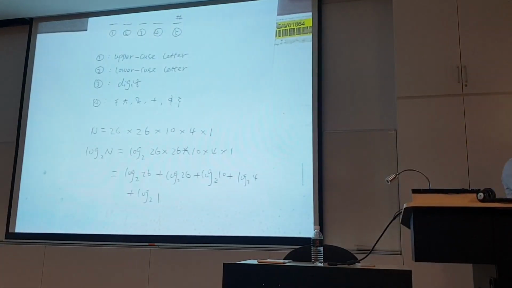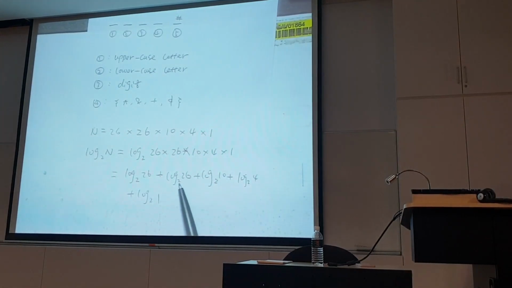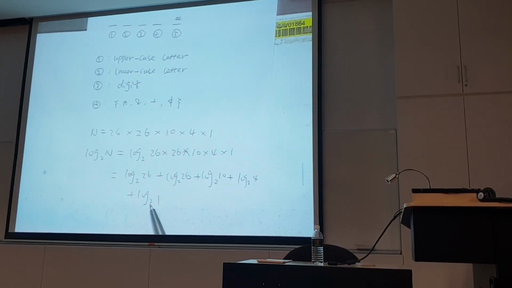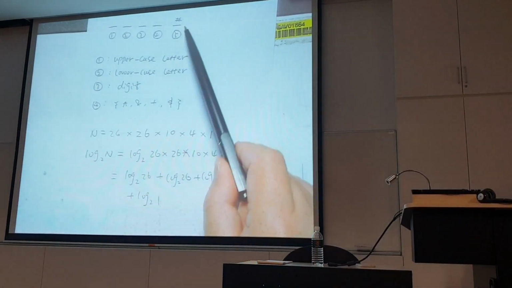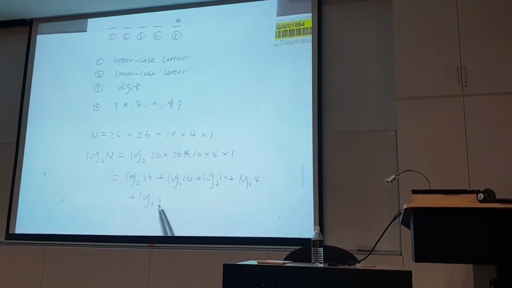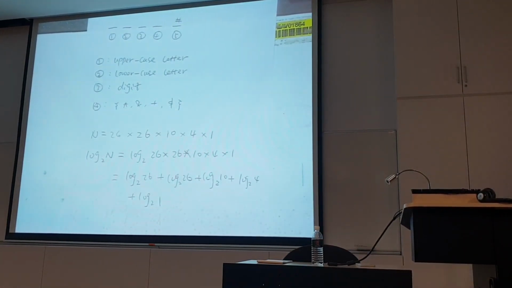So this is 4 point something, this is 4 point something, this is about 3, this is 2, and this one is 0. The last one does not carry any entropy, because log base 2 of 1 is 0. Because it is fixed, it does not carry any entropy.